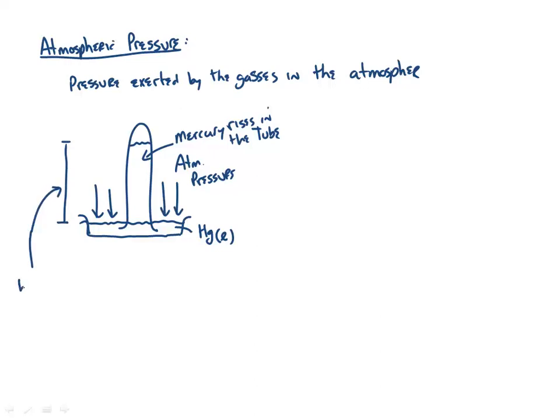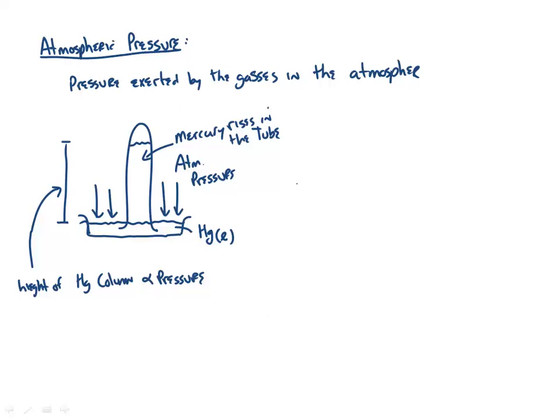So the height of the mercury column is proportional to pressure. And so, for instance, what do we normally measure pressure in here in the United States? PSI? We can measure it in PSI.